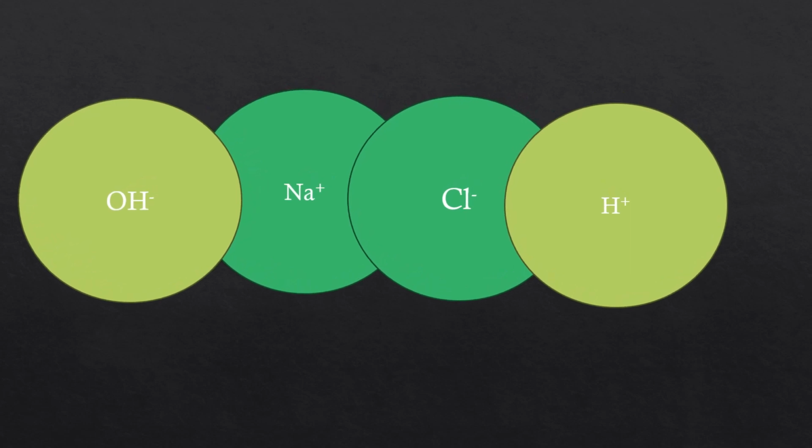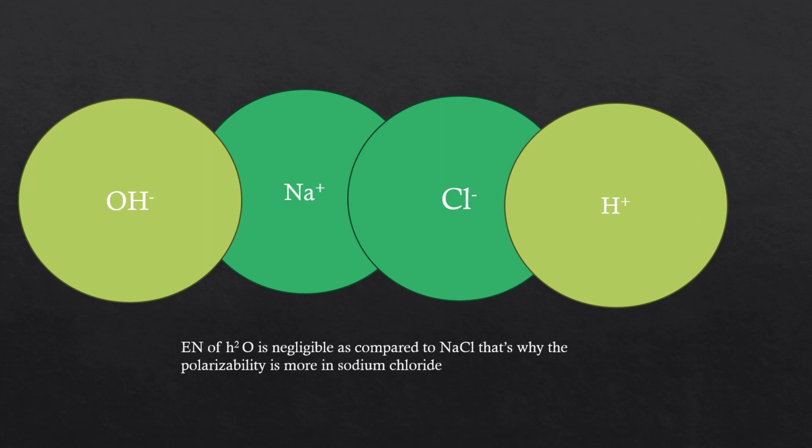Now, the question arises, why does NaCl dissolve in H2O? Why doesn't H2O dissolve in the NaCl? Now, the answer to this question is very simple. Basically, the polarity of the H2O is negligible as compared to the NaCl.